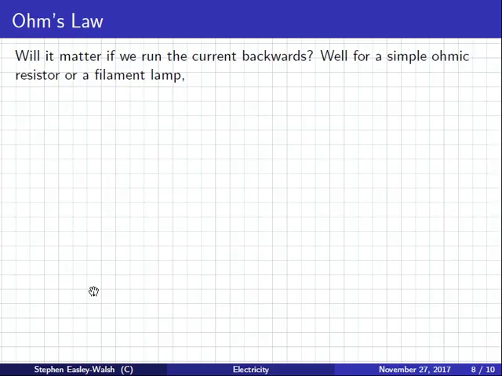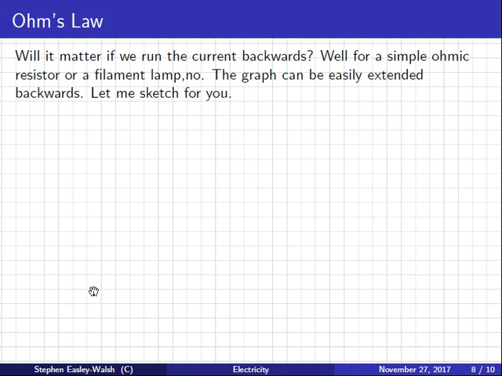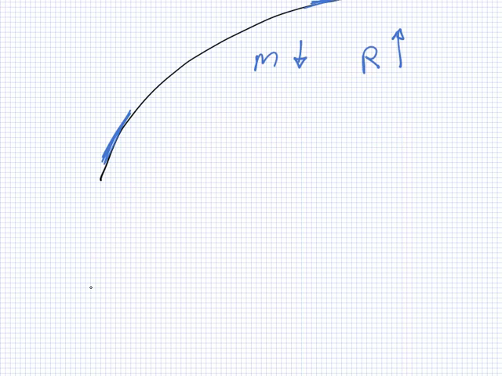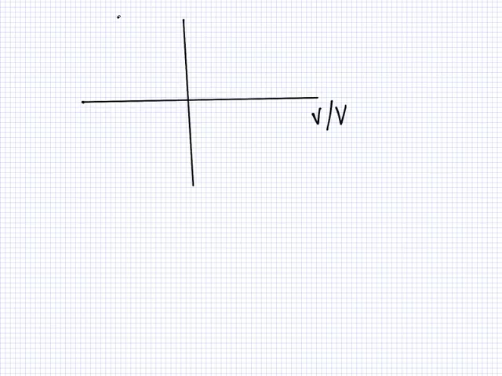This is true for most things, but it's not actually always true. For a simple ohmic resistor or for a filament lamp, the graphs can be extended backwards. Let me sketch that for you. For example, here is an ohmic material. This is V, and this is I. And in blue here, this is ohmic.